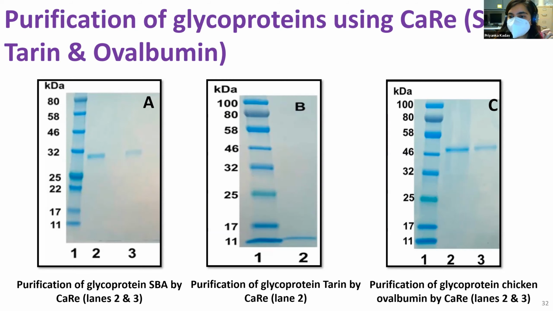And in gel number 3, that's the glycoprotein ovalbumin. Ovalbumin is obtained from chicken egg white. So we were also successful in purifying this glycoprotein using CARE. So along with the development of this technique, we were also successful in purifying most of the proteins and glycoproteins using this capture and release, or CARE, technique.